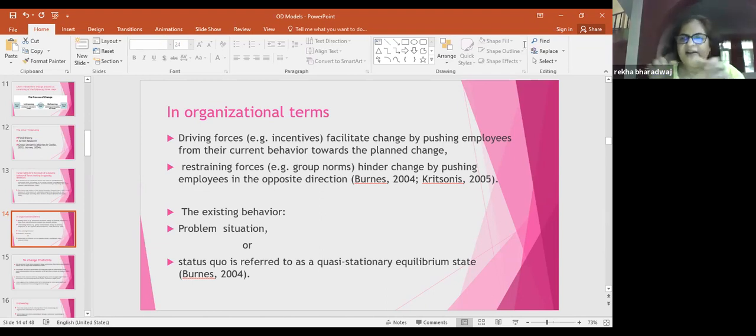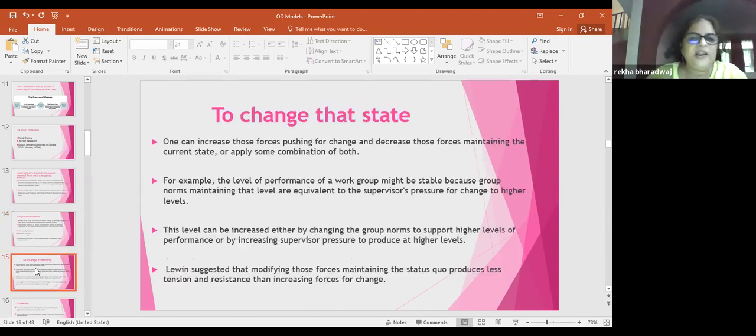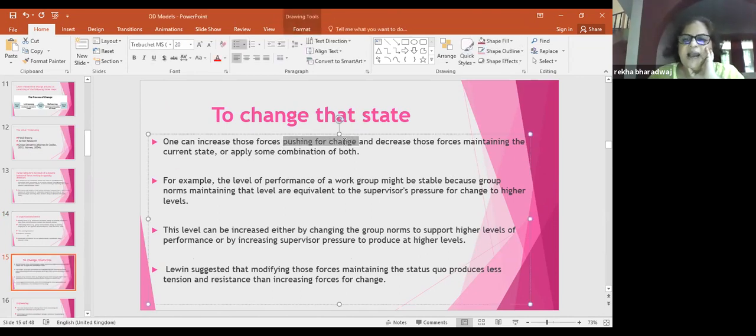So in the field, how do we reduce the resisting forces? To change that state, one can increase those forces which are pushing for change and decrease those forces maintaining the current state, or apply some combination of both.